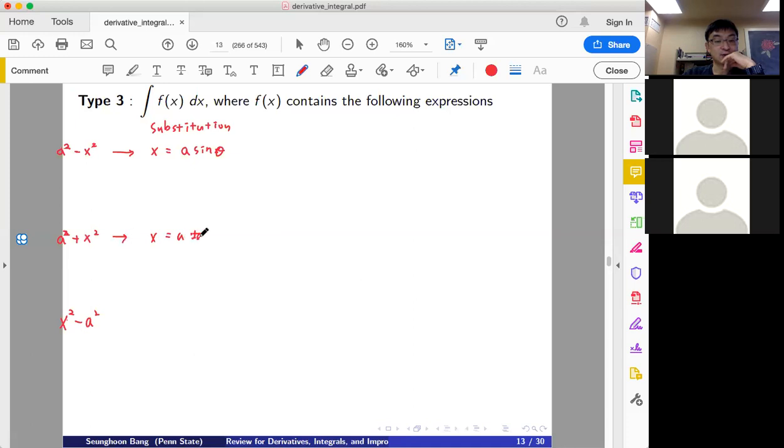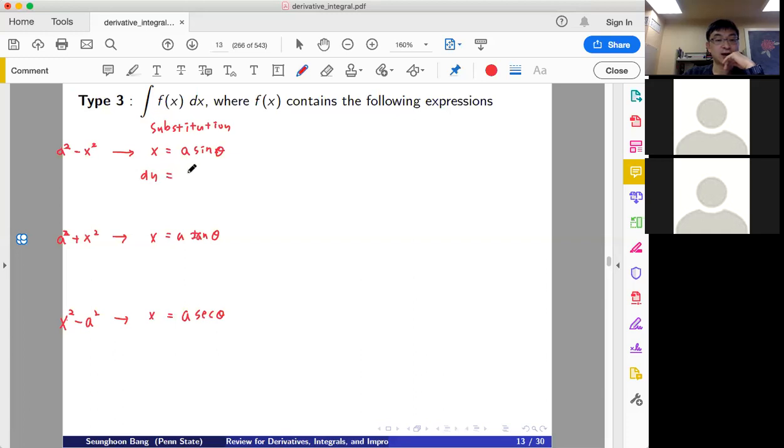And the third one is a times secant theta.